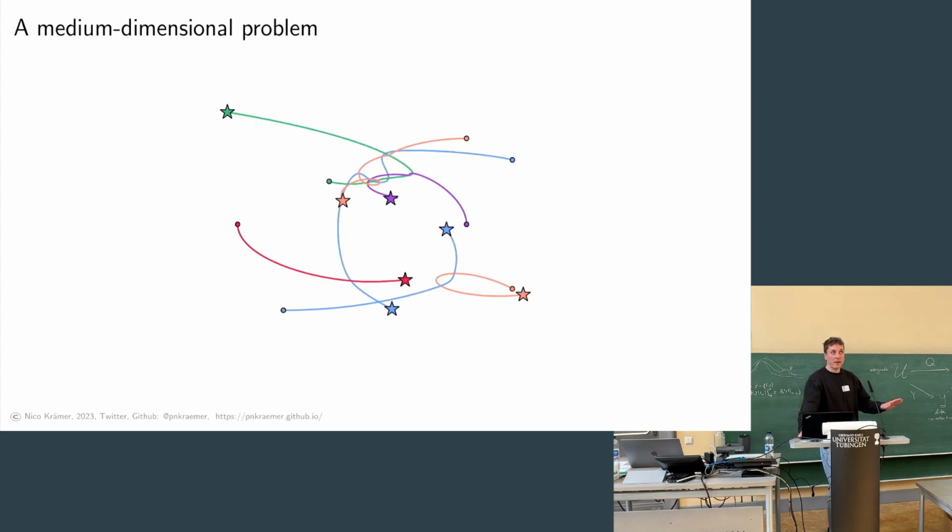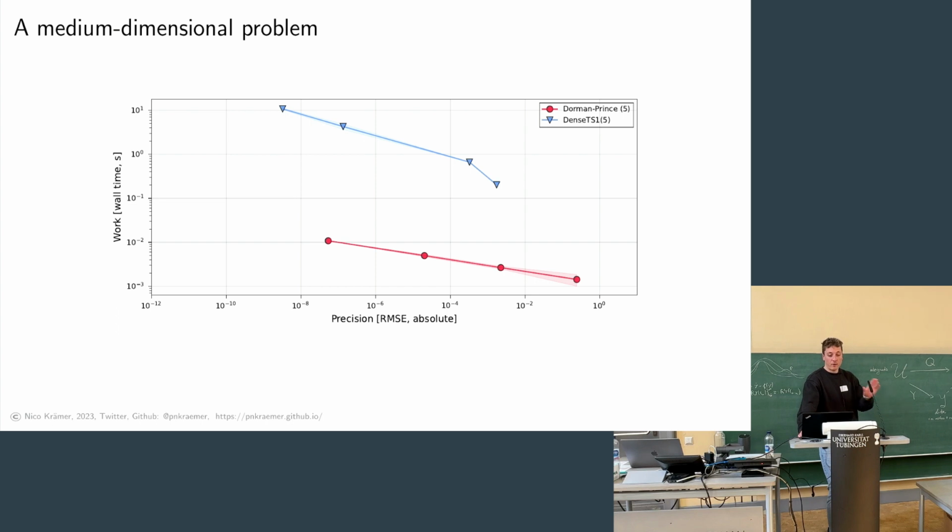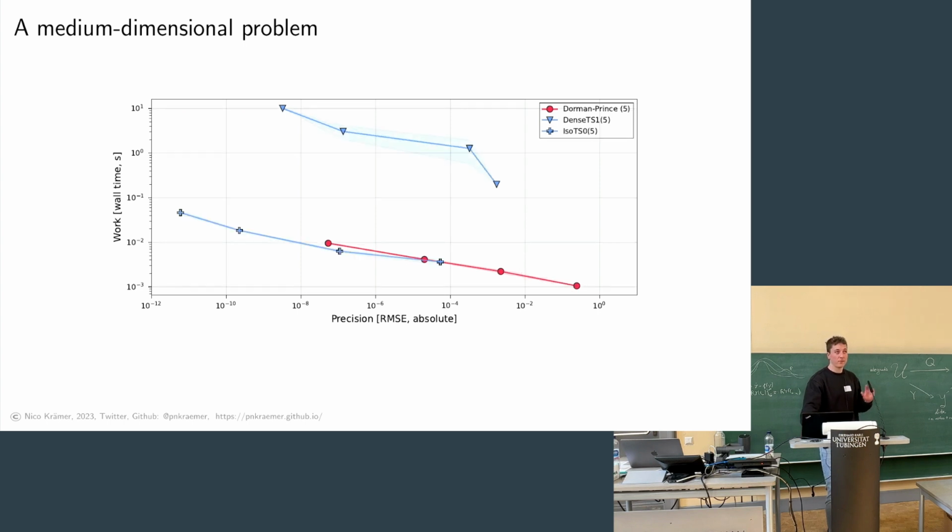So back to the problem. This is where we were before, and now if instead of using some dense covariance structure, so we have all the correlations and we have first order Taylor series linearization, we move to some isotropic, so some Kronecker structure, and we use zeroth order linearization, then we're suddenly at a solver that is maybe as fast as Dormand-Prince. Maybe if you squint a little bit, you can see that it's a little bit faster as well.